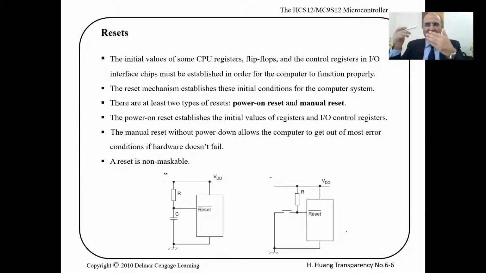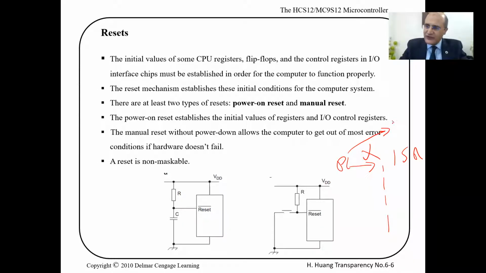So a reset interrupted the normal flow of the program counter, but it didn't go to an interrupt service routine. It went to the first instruction in the program. So that's a reset.